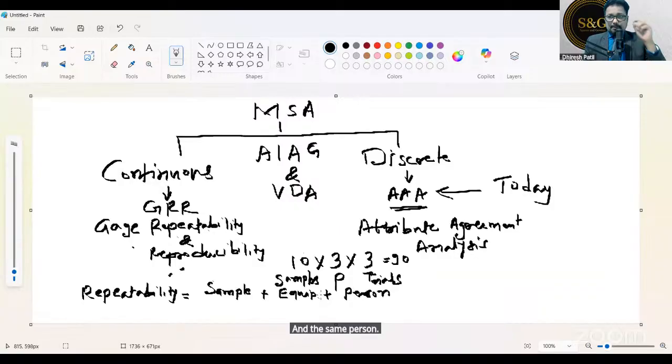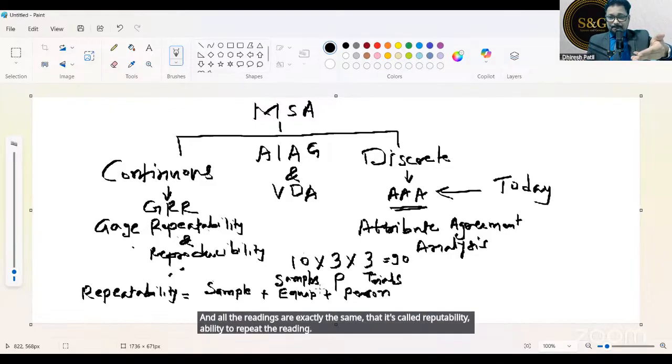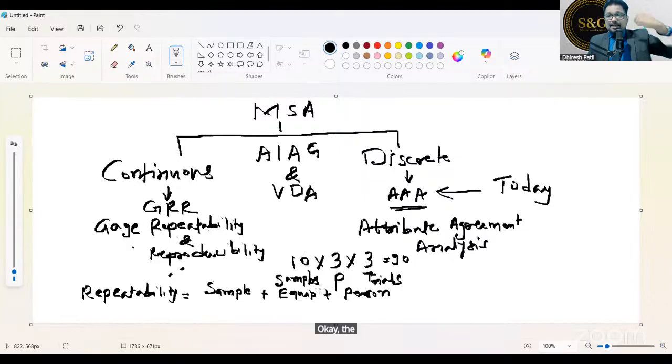What is repeatability? If the same pen is given with the same vernier caliper to the same person, and he is taking multiple readings of the same pen and all the readings are exactly the same, that is called repeatability, the ability to repeat the reading. The same person is repeating the reading.